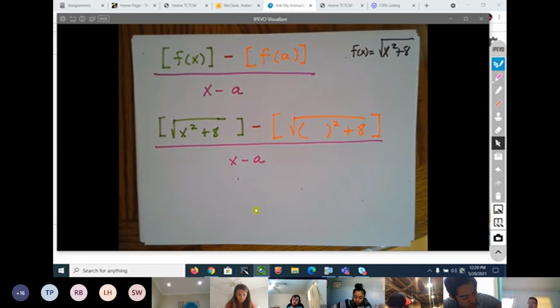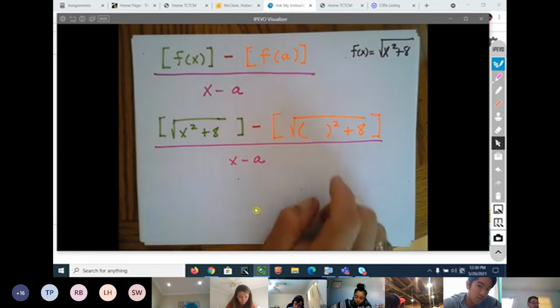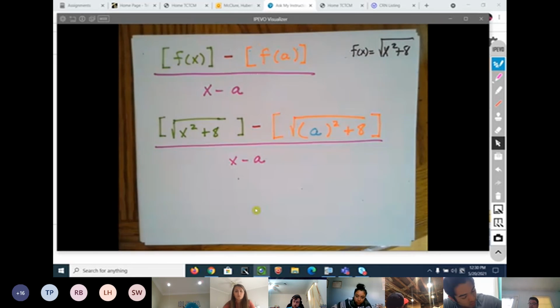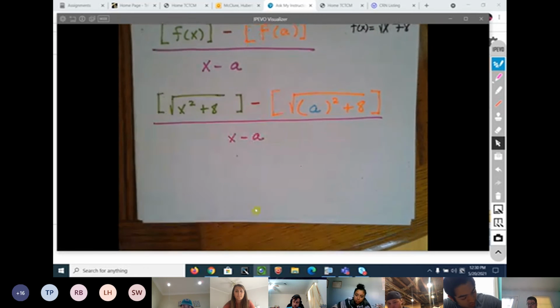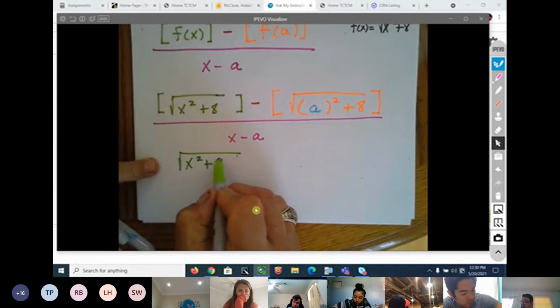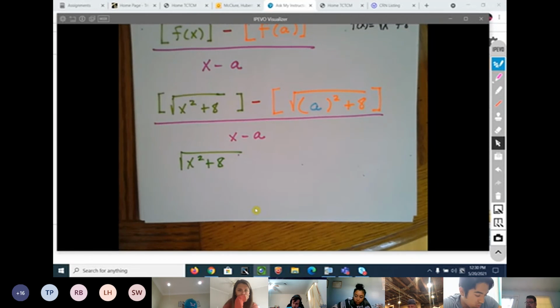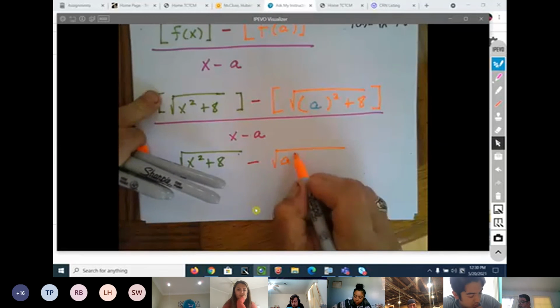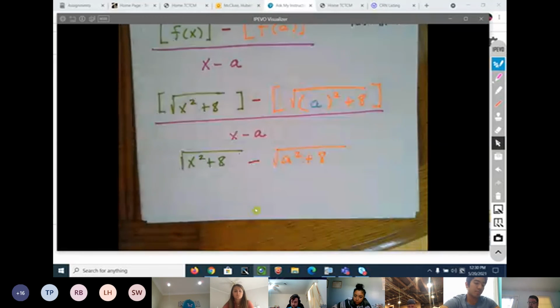And what do you plug in to that right there? A. So now we've got the square root of x squared plus 8, minus the square root of a squared plus 8, all over x minus a.